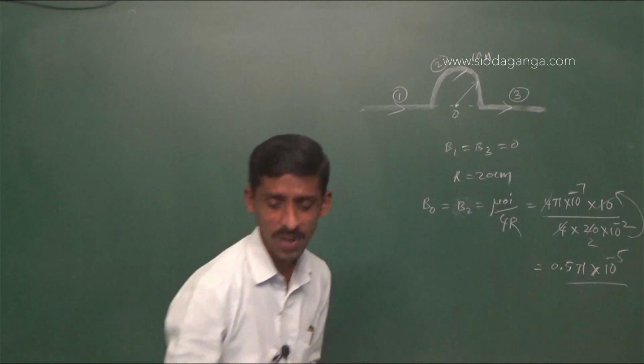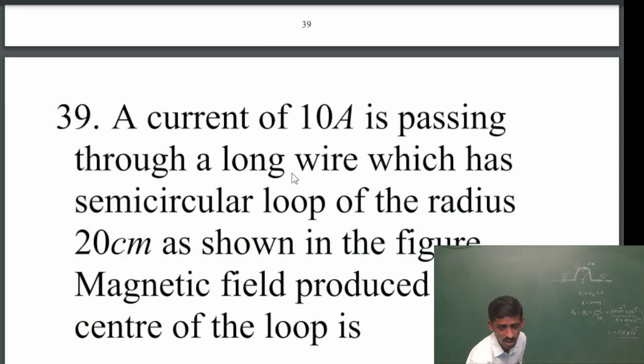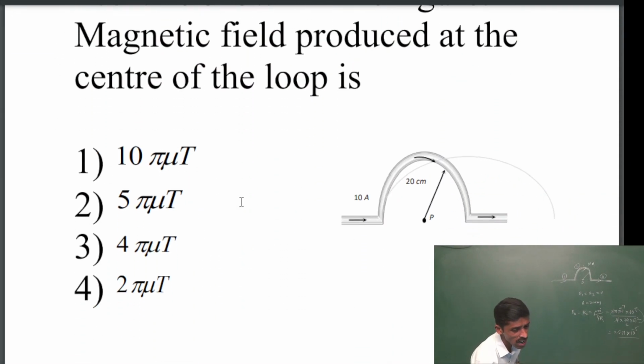We shall see the options, then we will know to what extent we have to simplify the question. All the options are given in micro Tesla. If we write this in terms of 10 to the power of minus 6, it becomes 5 pi. So the answer is 5 pi micro Tesla. Second option.